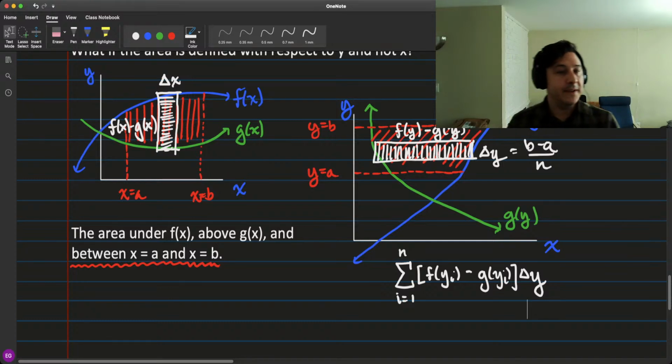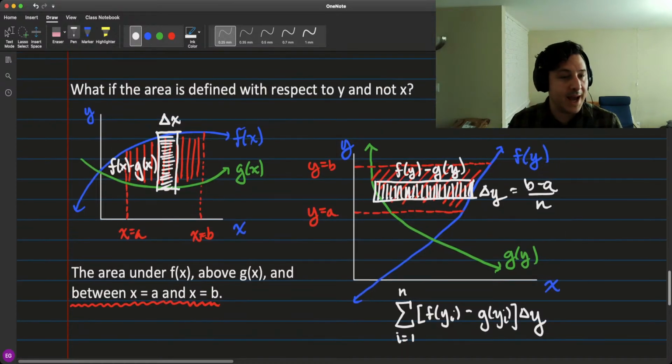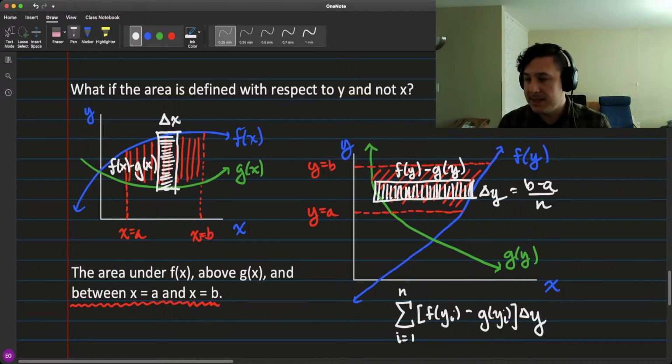Now, if you don't want to estimate the area, but you want the actual area, what do you need to do to this sigma, this Riemann sum? This would be an approximation because you're just adding together n rectangles. How do you actually find the area? Yeah, you take the limit as n goes to infinity.